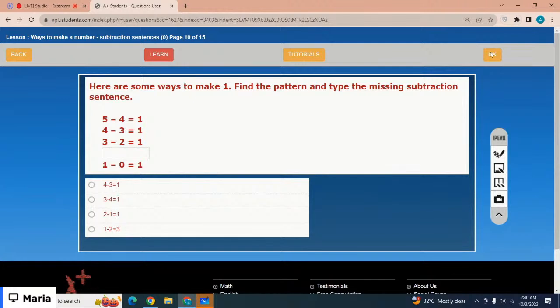The correct option is 2 take away 1 equals 1, right? The correct option is 2 take away 1 equals 1.